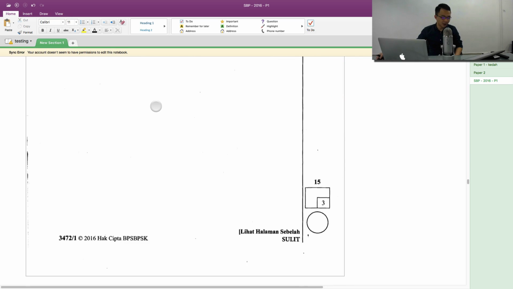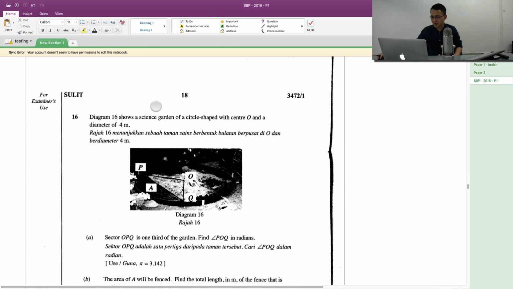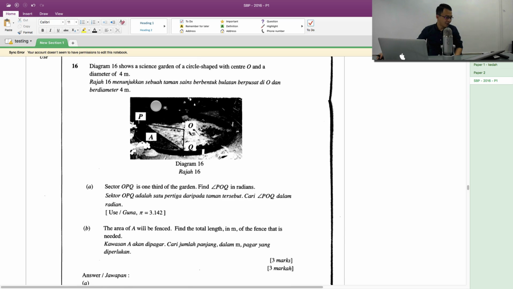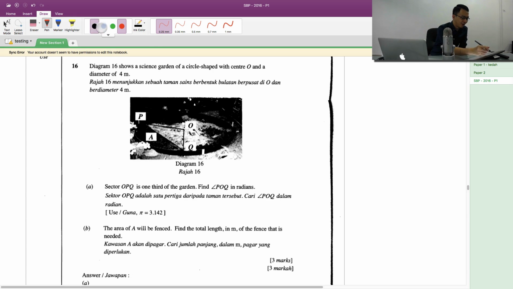Alright, let me move on to question 16. Diagram 16 shows the garden of circle shape with a center O and a diameter of 4 meters. This diagram is very dark, so it's hard for you to see.